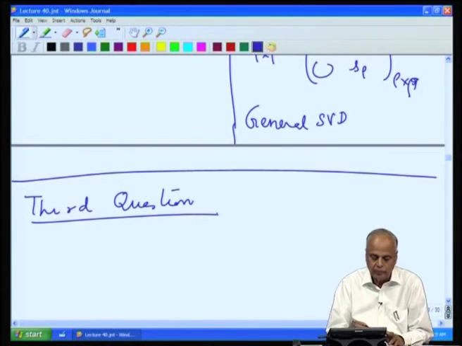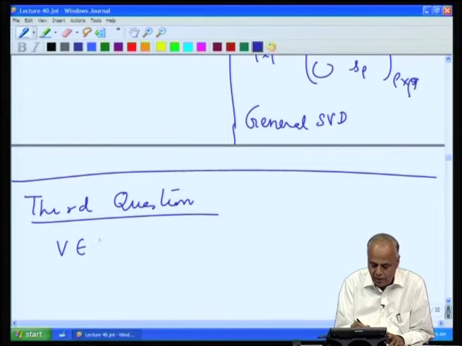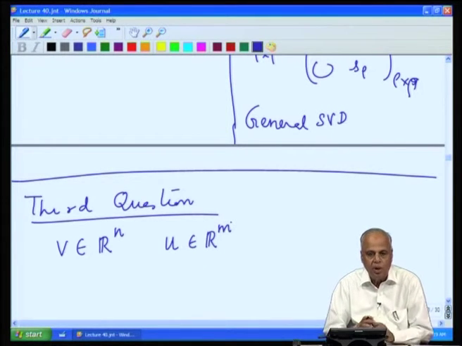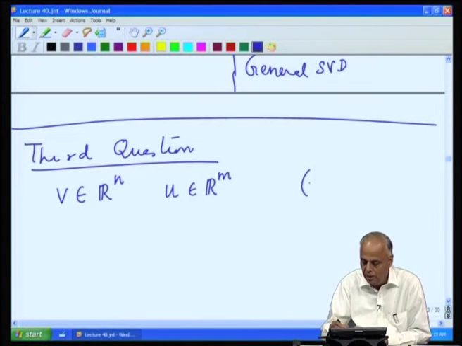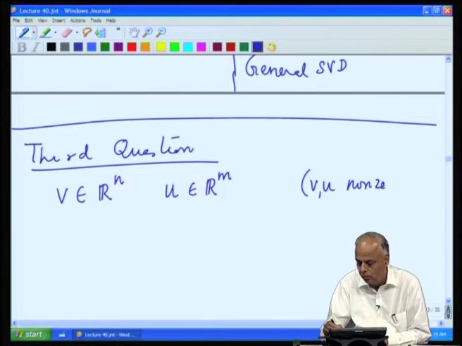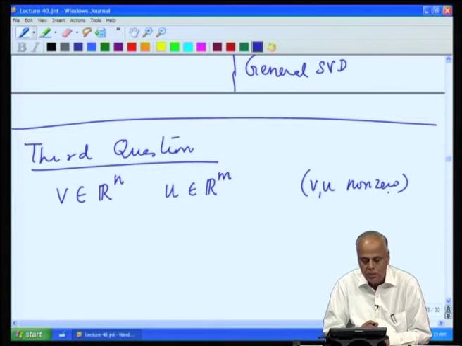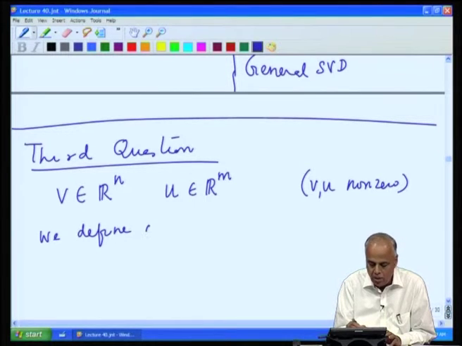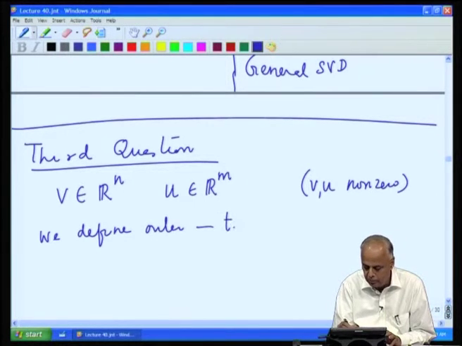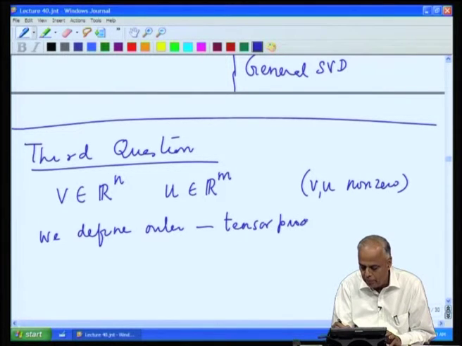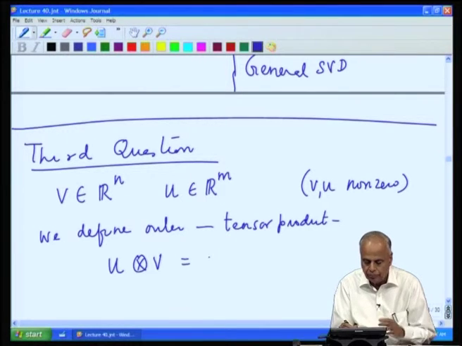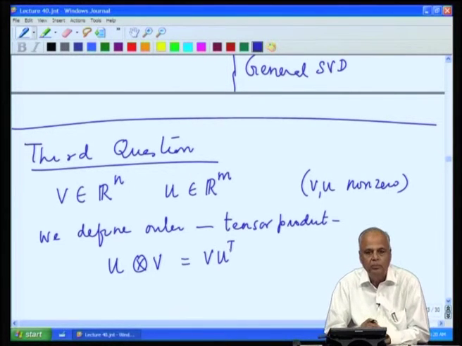The third set of questions that we raised was the following. Suppose I have a vector v in Rn and a vector u in Rm, both non-zero vectors. Then we defined the outer product, sometimes called the tensor product. We shall define it now as follows: u tensor v to be the matrix v u transpose.